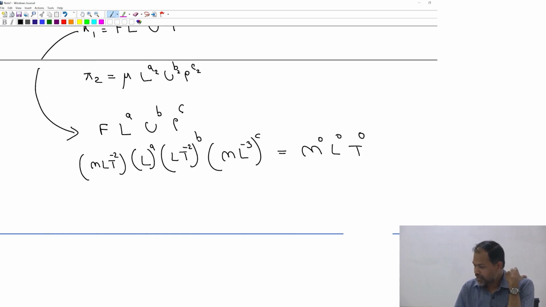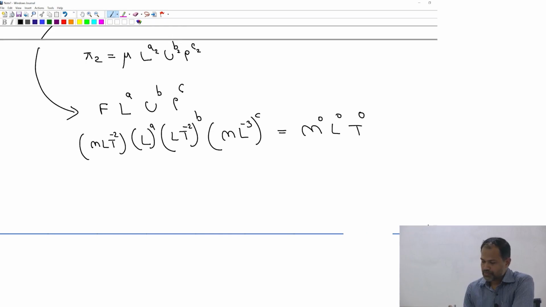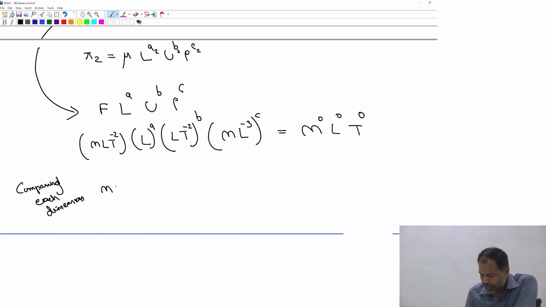That means I can now write down, comparing each dimension, say mass: there is an M to the power of 1, there is an M to the power of C, and that will give me a 0. That means 1 plus C should be 0, and therefore C should be equal to minus 1. Correct?